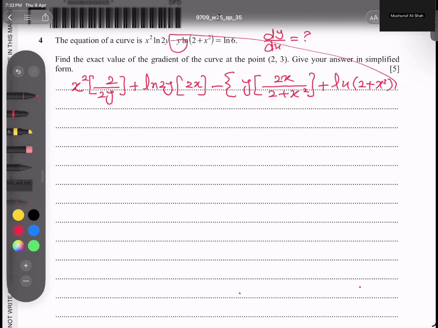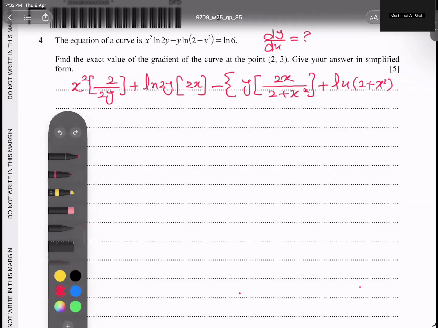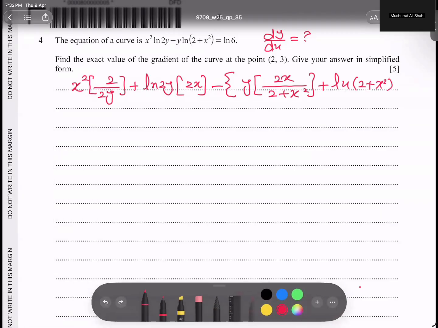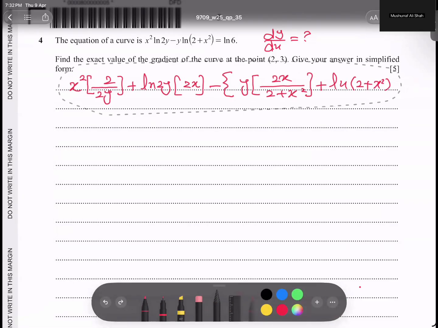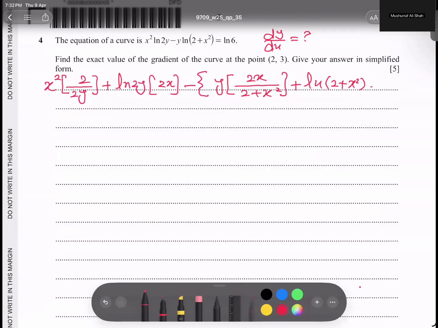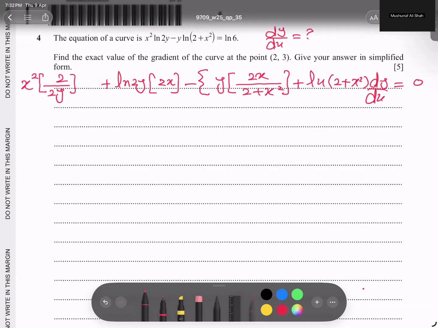And what is the y derivative? The y derivative is, students, as all of you know, dy over dx. That is the point which I missed. So dy over dx, I'm writing here, equal to 0 because the derivative of the log is 0. What I missed when I differentiated this one, I must write dy over dx. That is the missing part here.